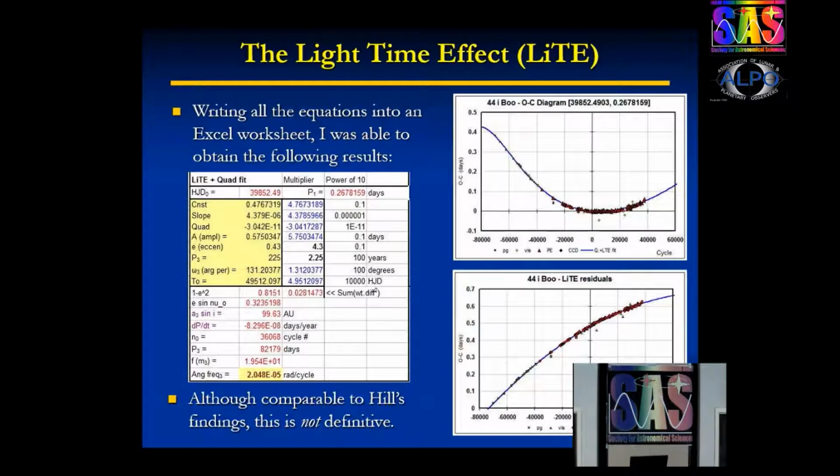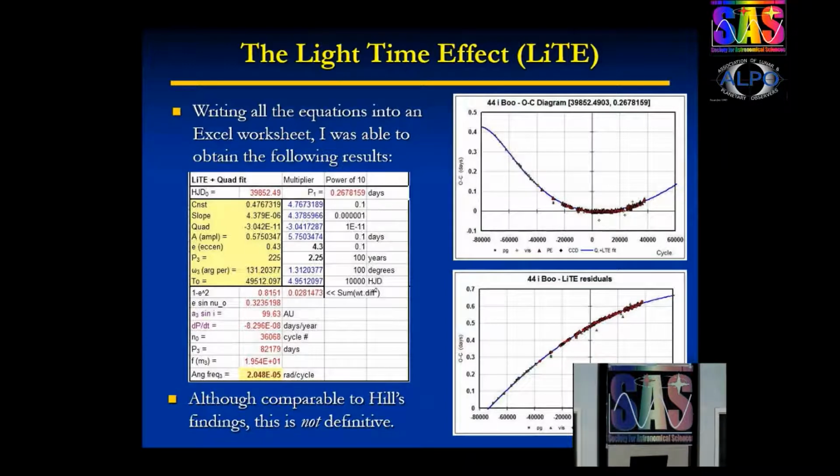E is the eccentricity of the larger orbit. E equals 0 is a circle, and E equals 1 would be a straight line. So eccentricity is somewhere in between. P3 is the orbital period of the larger orbit, and this particular system here is 225 years for the larger orbit.